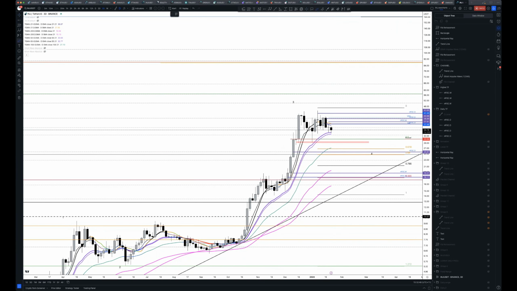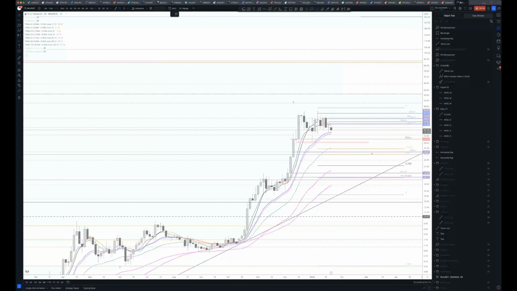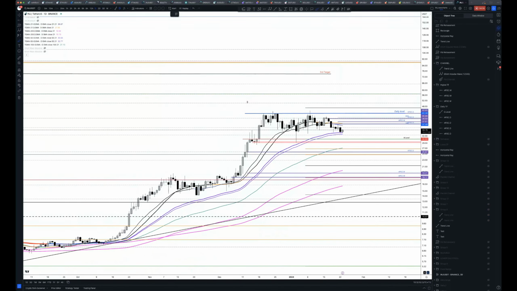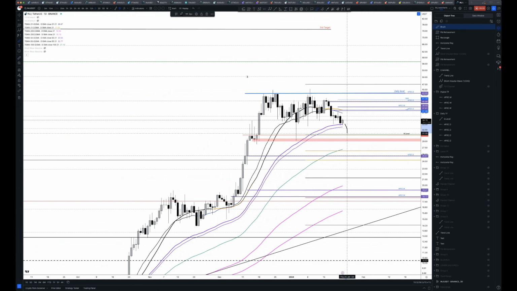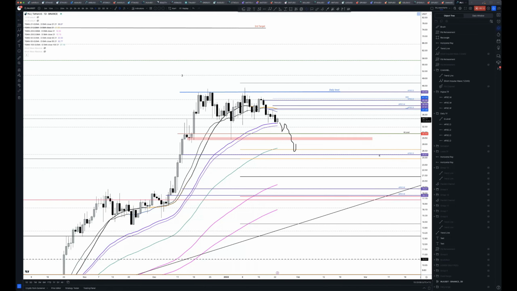Now looking at this, let's go to the daily. If we get a drop, this is going to be resistance, and then we might just get a bit of a wick, get the 0.618 and the daily POC. If we lose this naked point of control, this moving average, and we obviously lose this level, then we look at the next level.